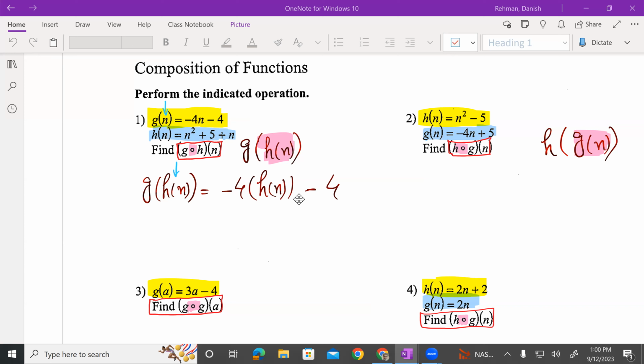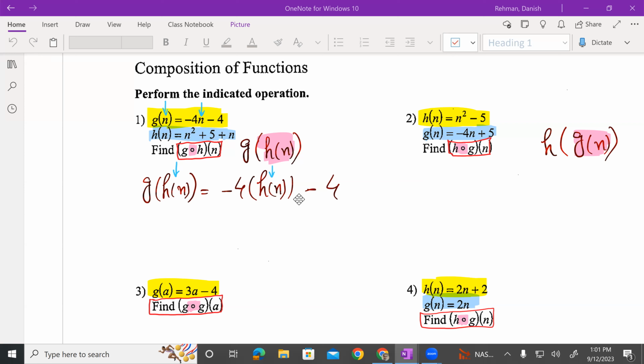Same thing, I did it on the right hand side also. I replaced that N with H of N on both sides. Left side, right side, both the sides. Got it? Once you are in this step, take a moment, take a deep breath, and think about what you have done.